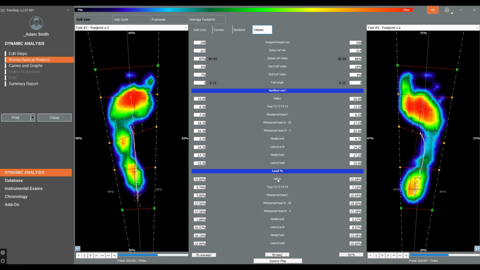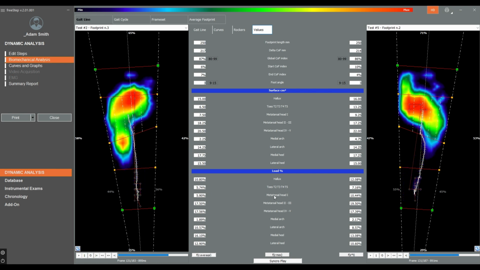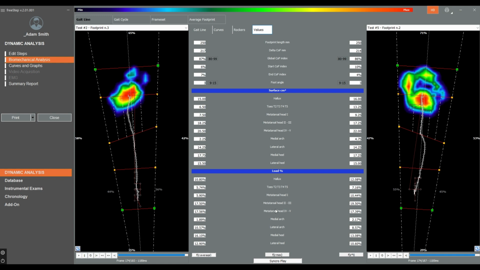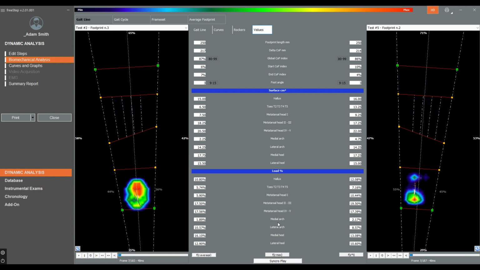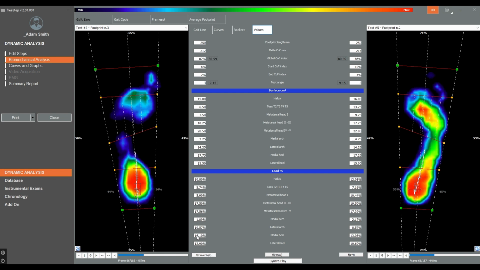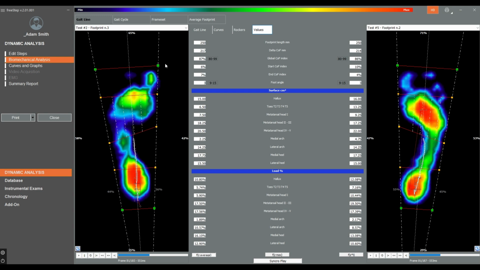The loads going through the feet are relatively even, but again, met heads 1 are slightly higher on the right hand side, and you can just look at the data from left to right, a little bit higher on the medial head, medial heel on the left, but again, only a few percent.